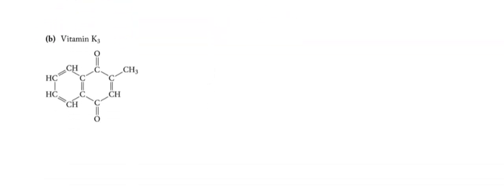Okay, next we have vitamin K3, and in this one we see that we have these CO bonds here, and that they are polar. However, we also see these CH bonds and these CC bonds.